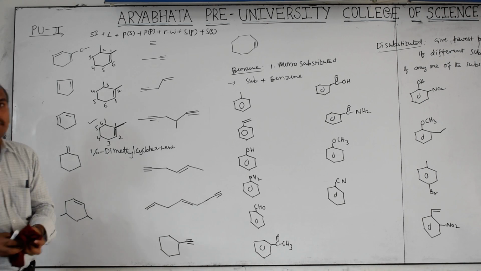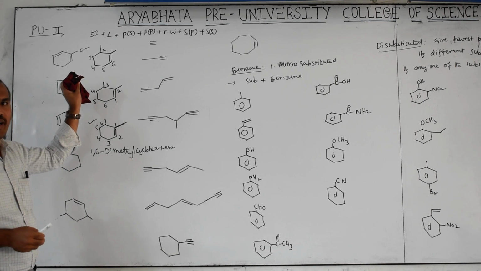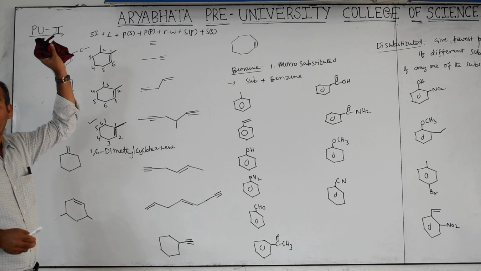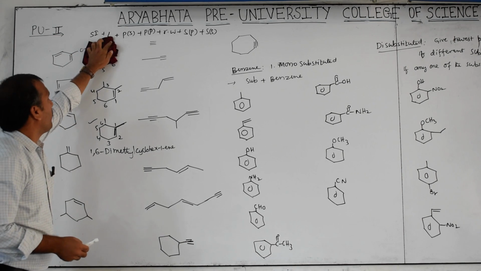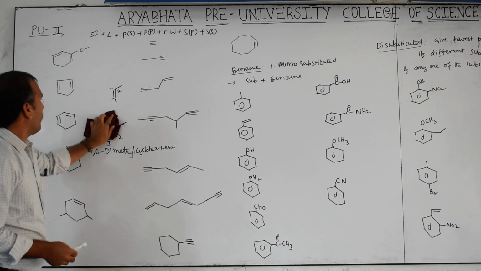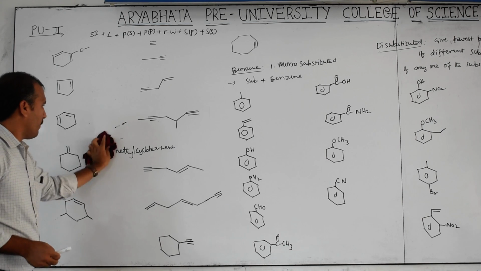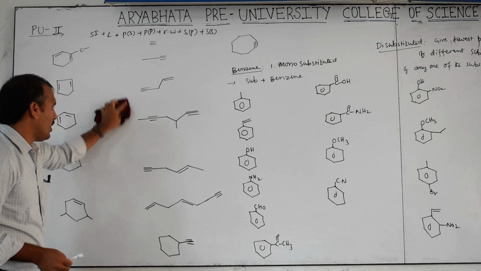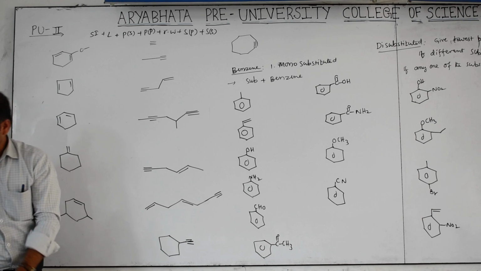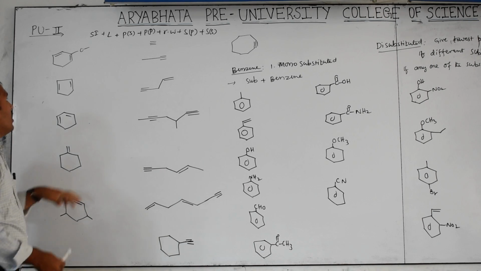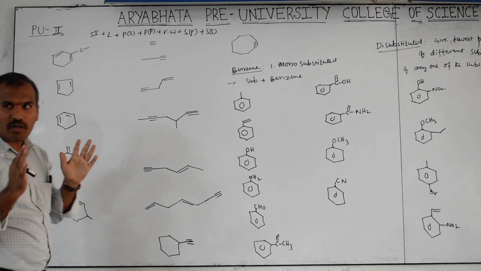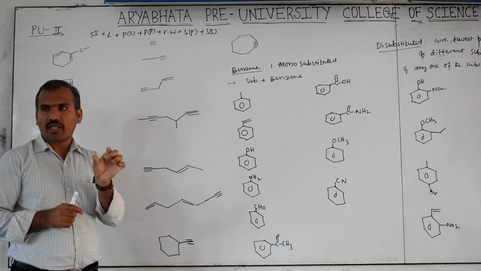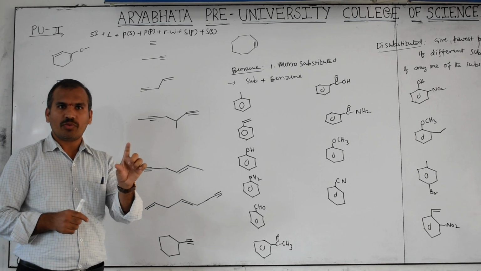Come on. I am removing this numbering now. Can I remove this numbering? Tell me which one is the correct numbering. When you are giving the numbering to the double bonds, they should get consecutive numbers: 1, 2, 3, like this.